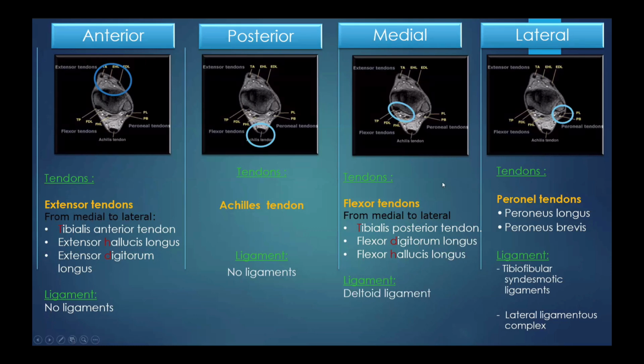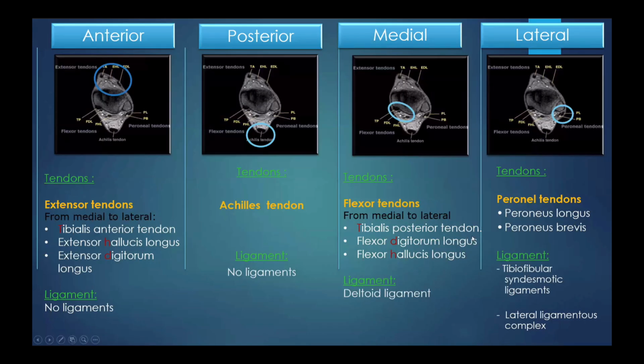In the medial compartment, we have flexor tendons, and we got one important ligament, which is deltoid ligament. The lateral compartment, we have the peroneal tendons and two group of ligaments, which are the tibiofibular syndesmotic ligaments and lateral ligamentous complex.